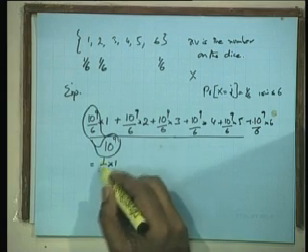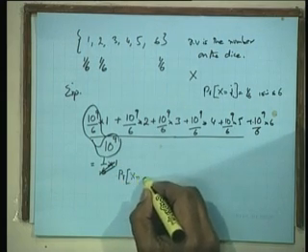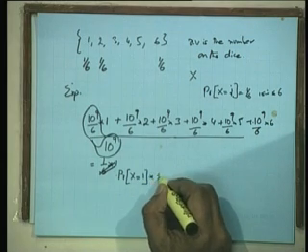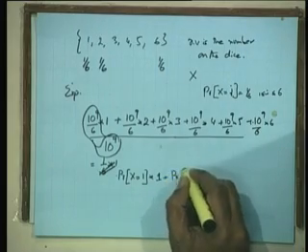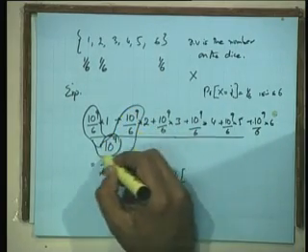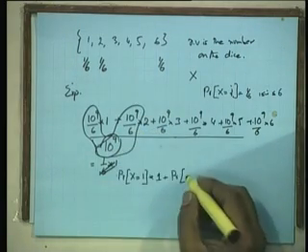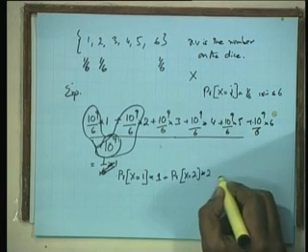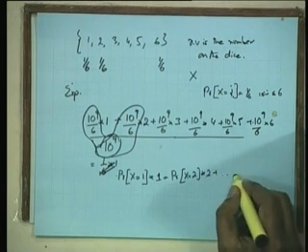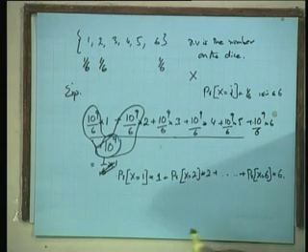So this is 1 by 6, or I could even have written it as the probability that the random variable takes the value 1, times this 1, which is the value of the random variable, plus the probability that it takes the value 2, so probability X equals 2 into 2, and so on, up to probability X equals 6 into 6.